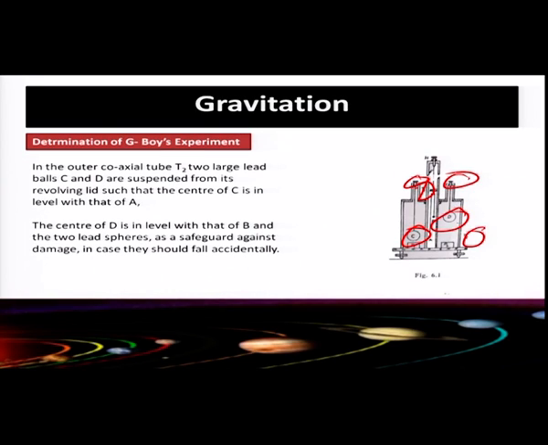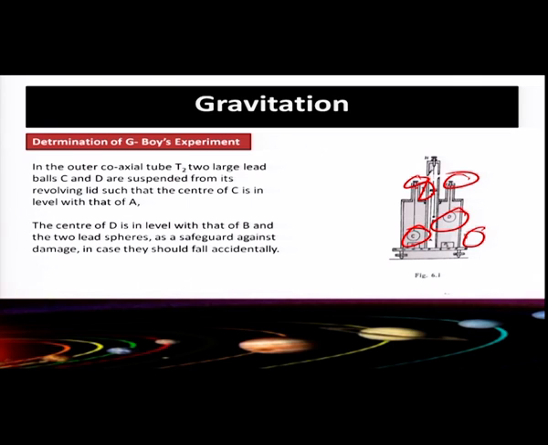So, we can have a small mirror RS here, as shown in the diagram, and from the two ends of the mirror, two gold spheres A and B are suspended such that the spheres are at different depths below the mirror. So, these, C and D, are the two gold spheres, and these two gold spheres are at different heights.